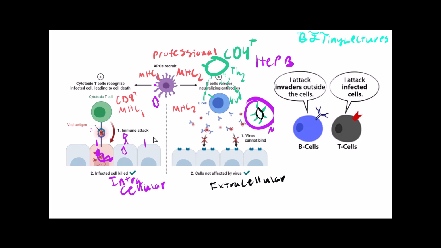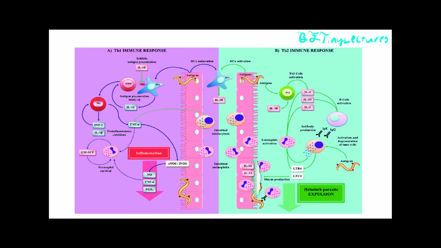However, not every cell expresses major histocompatibility 2 complexes. Those are often found inside immunological cells, such as B cells or T cells, not in the liver cell, for instance. Let's look at another example dealing with parasitic infections.